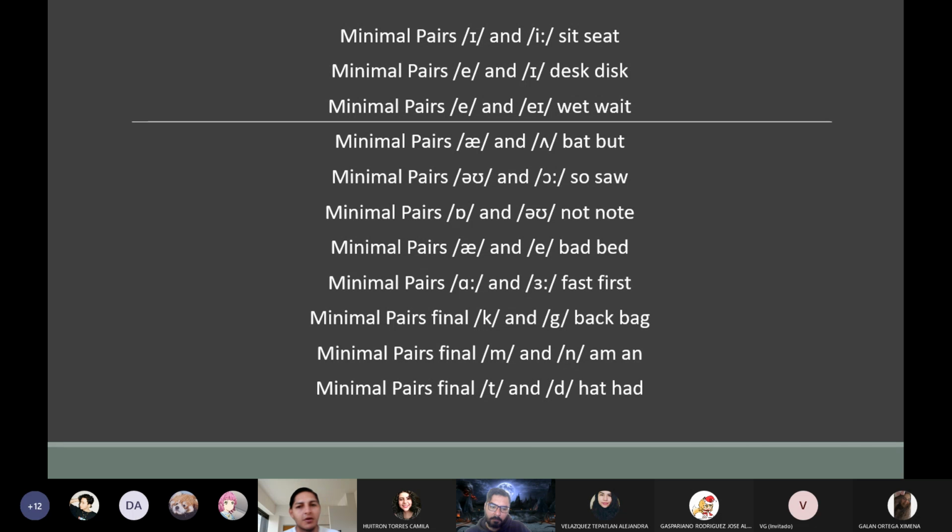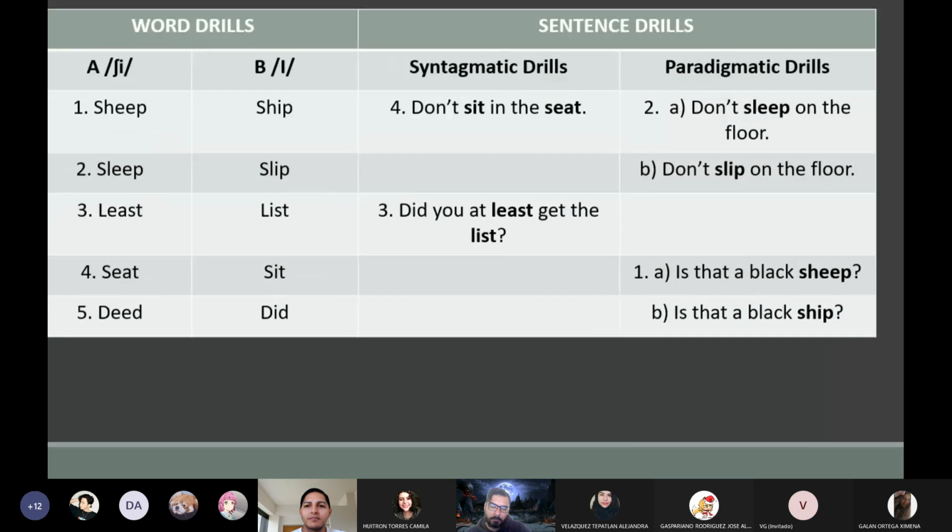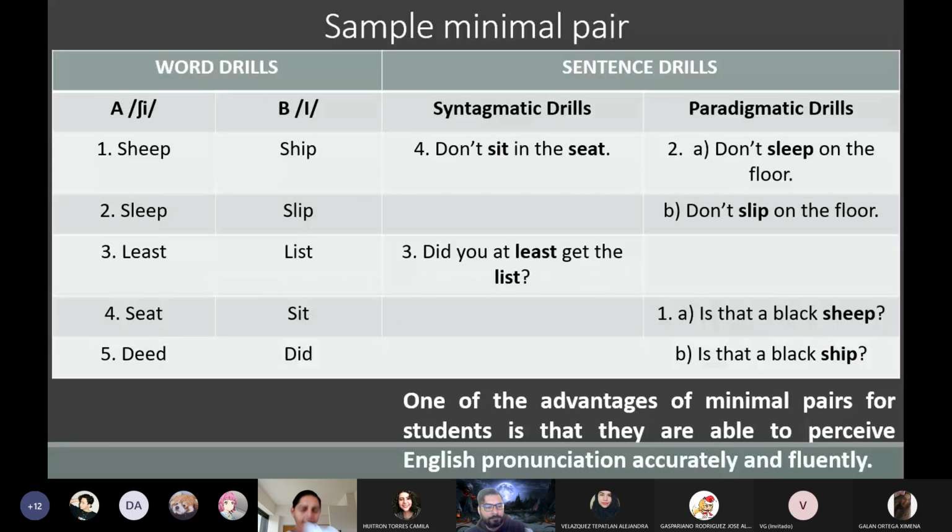Yeah, well, I was thinking of a paradigmatic drill, but that needs to be a little bit more complex for you. Now, one of the advantages of minimal pairs for the students is that they are able to perceive English pronunciation both accurately and fluently.